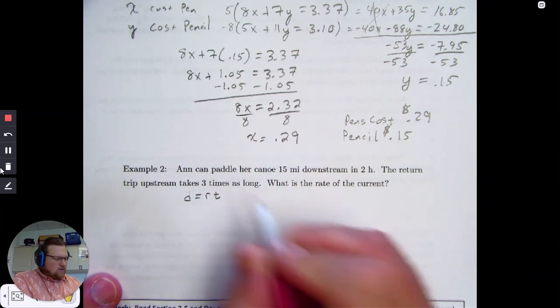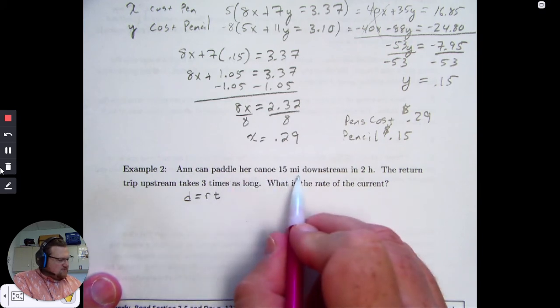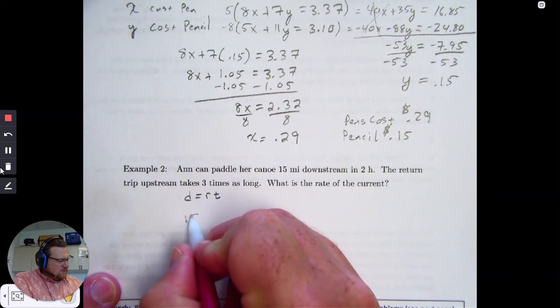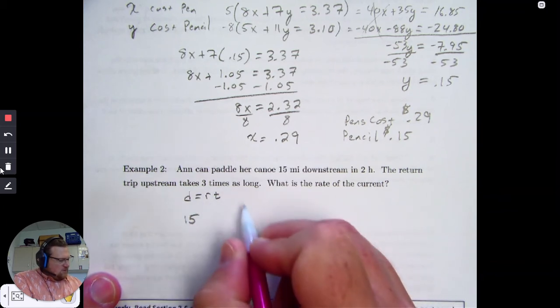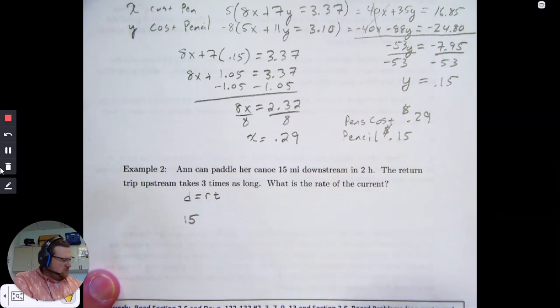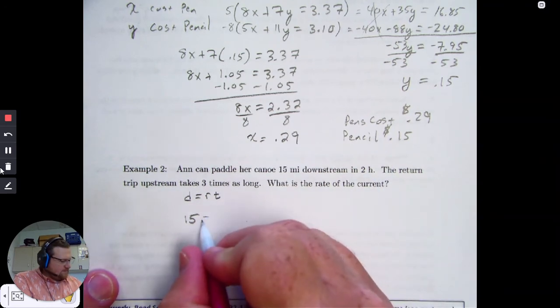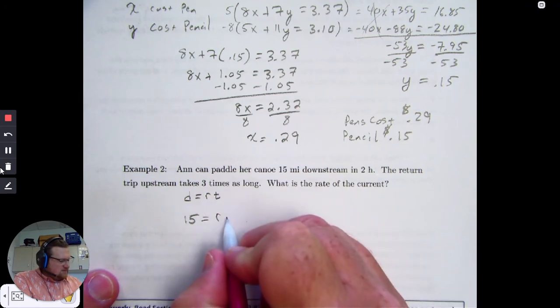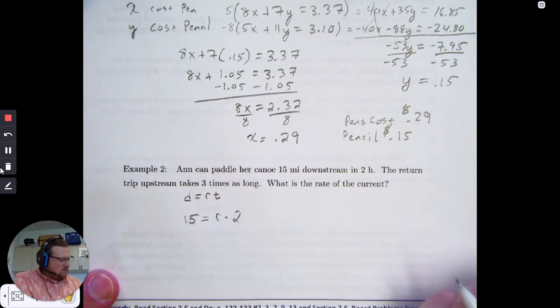Her distance, it says she paddles 15 miles. So distance is 15 miles on the way down. Her rate, we don't know, but her time was 2 hours. So we have distance equals her rate times her time of 2 hours.